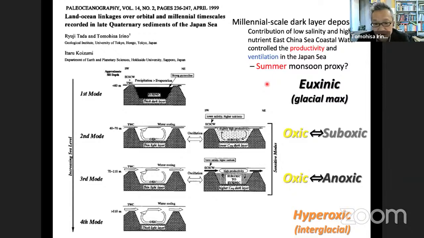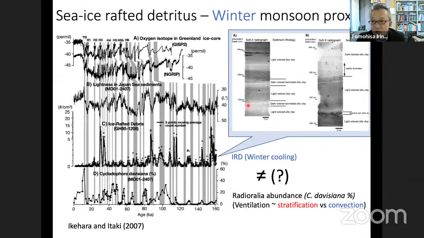So in this interpretation, the summer monsoon effect is more emphasized in the explanation. On the other hand, the winter monsoon itself is directly reconstructed using the northern sediment cores.